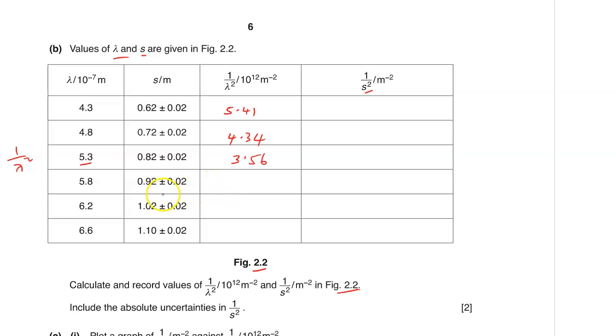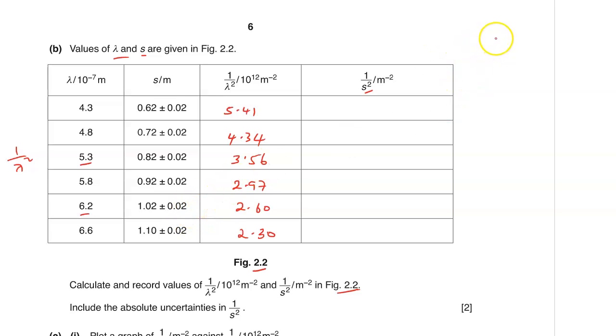Then this one will give you 2.97. This one will give you 2.60. And then lastly, this will give you 2.30.